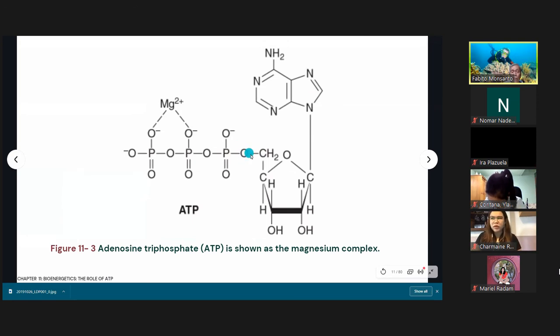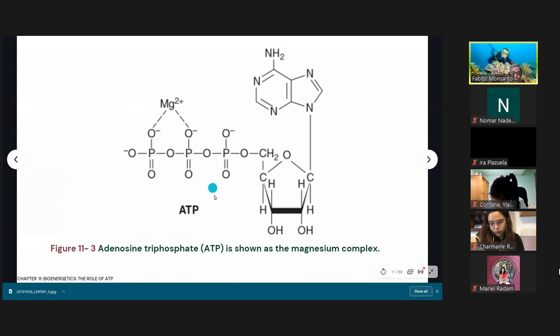The bond between this carbon and this carbon is an ordinary ester bond. But the bond from phosphate to phosphate, phosphate to phosphate, these are anhydride bonds.